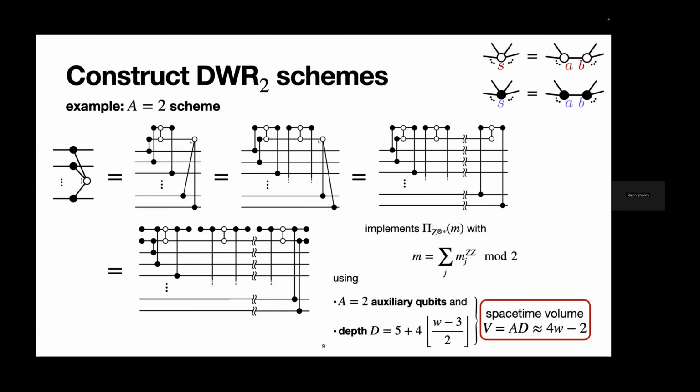If A was equal to 1, the depth would be just the same as the weight. Yeah, but you can't do that with only measurements. If you only have single qubit measurements and 2 qubit measurements, and no entangling operations in particular, then the minimum number of auxiliary qubits you need is 2.